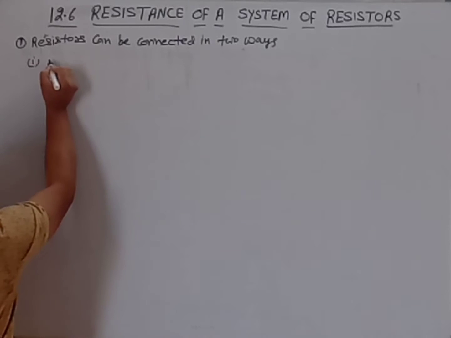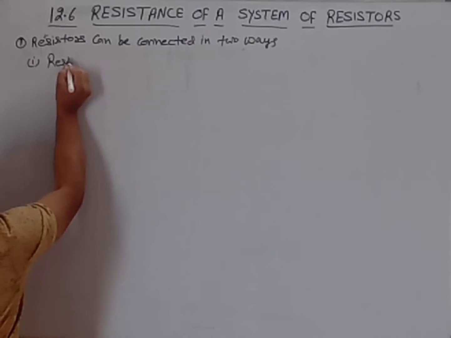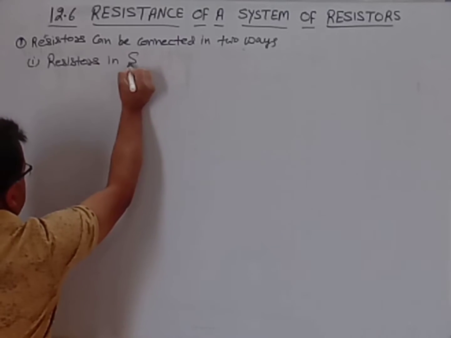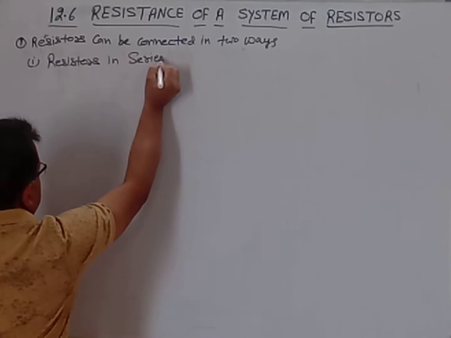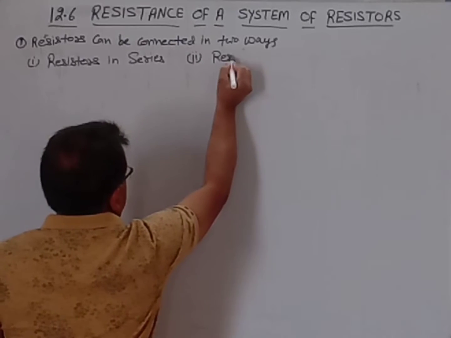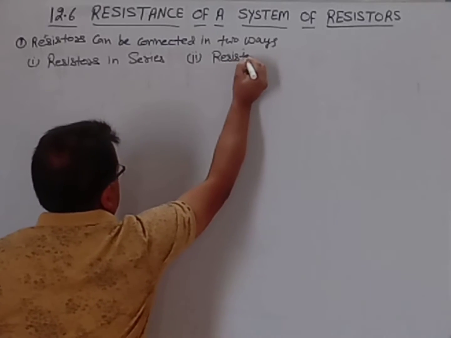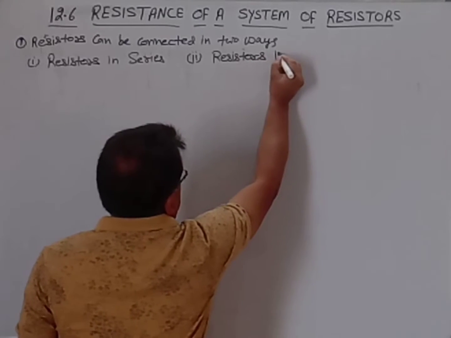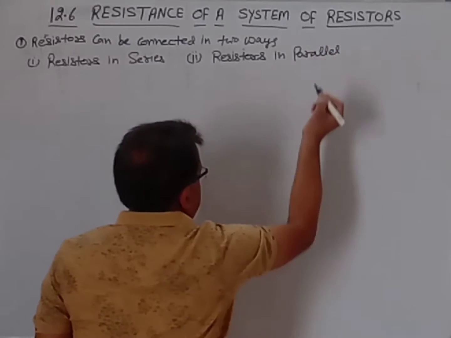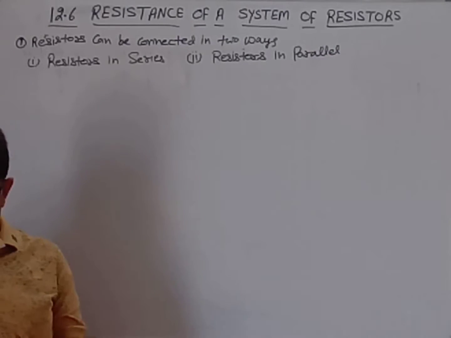Number one, resistors in series, and number two, resistors in parallel. We shall discuss these one by one.